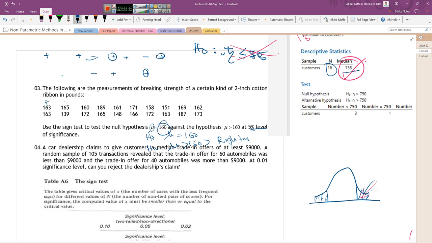Now here, 160, right? So plus, 0, plus, minus, plus 160. Let me... 160 plus 0, 160 plus minus plus. Here minus, yeah, don't confuse.